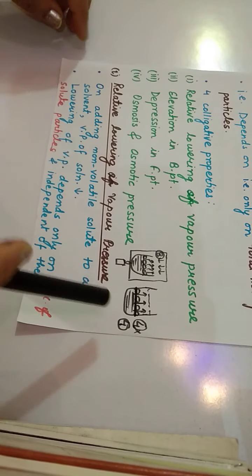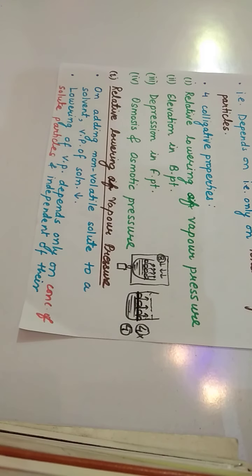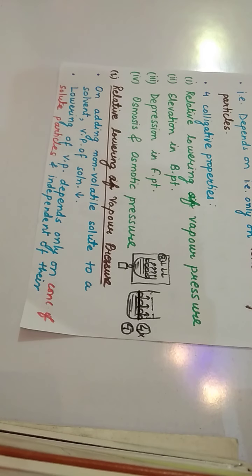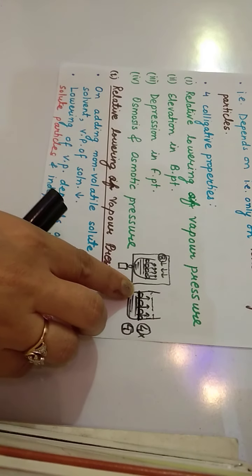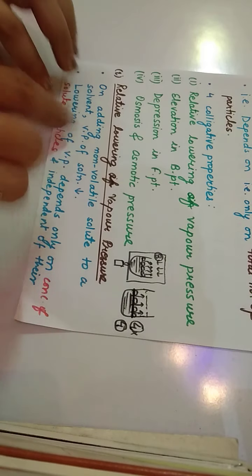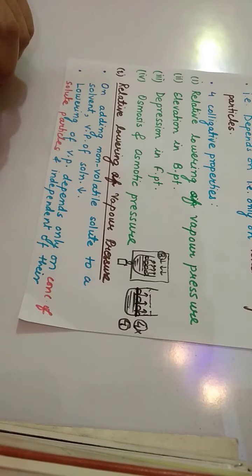Now, the lowering of vapor pressure will totally depend upon the concentration of solute particles. Children, the more the solute particles in a solution, the less will be the vapor pressure because they will occupy more surface area, more space above this solution, so less vapors are formed.